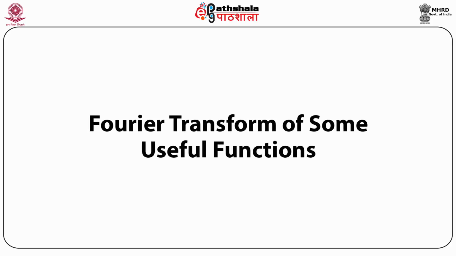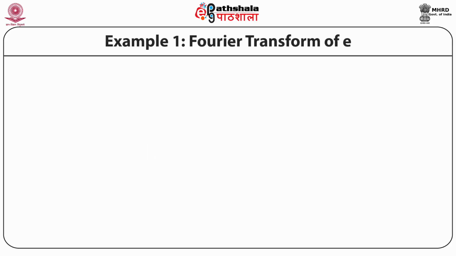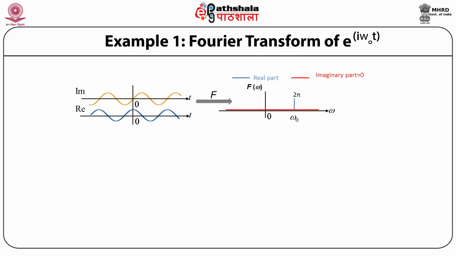Let us see some examples, that is, Fourier transform of some very important functions. Example 1: Fourier transform of e power j omega naught t. As you can see from the graph, there is a real part which will follow cos omega naught t, and an imaginary part which will follow sin omega naught t.